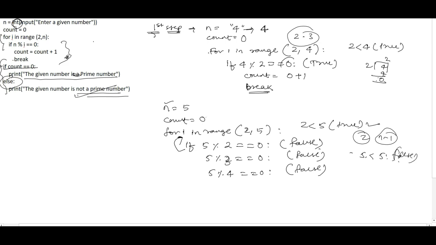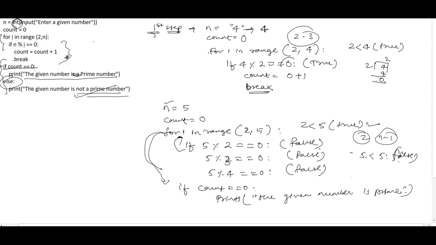So what happens in this case is, it goes outside of the for loop and tries to execute this if count double equals 0, it prints the given number is a prime number. Clear? This is how it works.